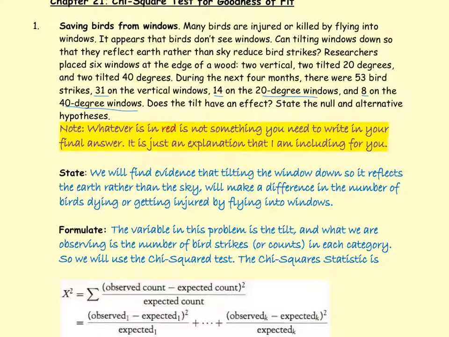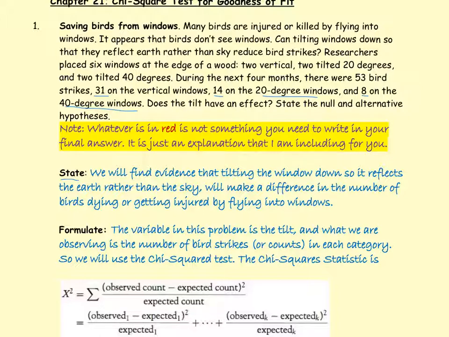We need to have concrete evidence that tilt actually affects the number of bird strikes. So our statement is the first thing we need to write down. We'll find evidence that tilting windows down so it reflects the earth rather than the sky will make a difference in the number of bird strikes on those windows.